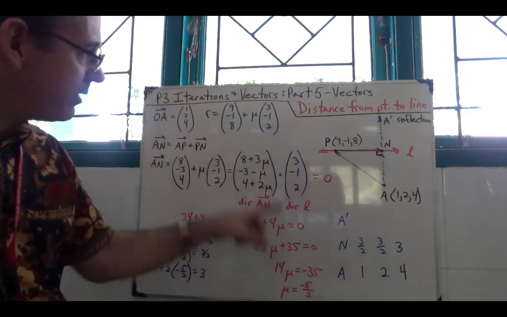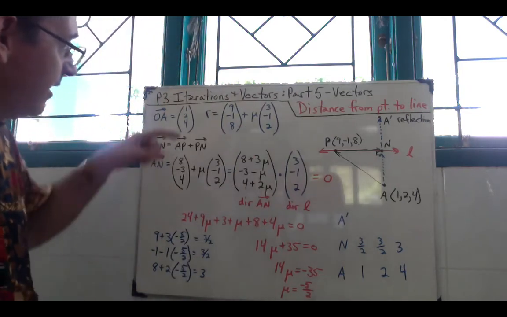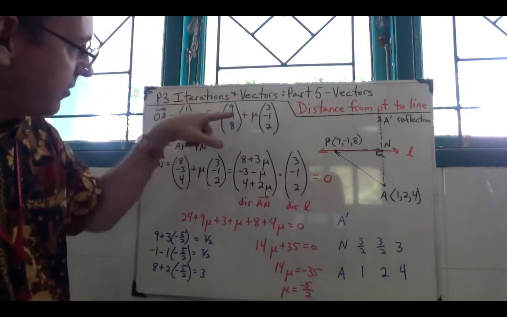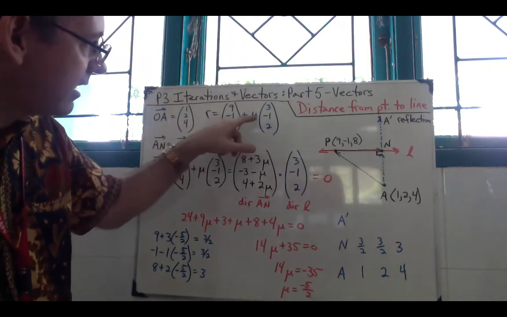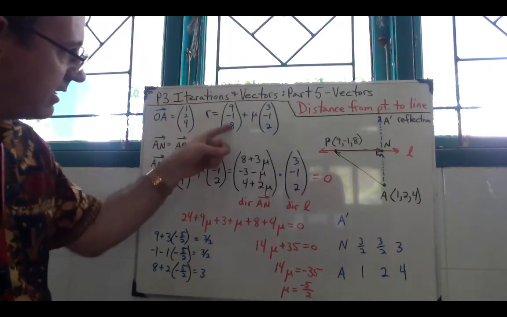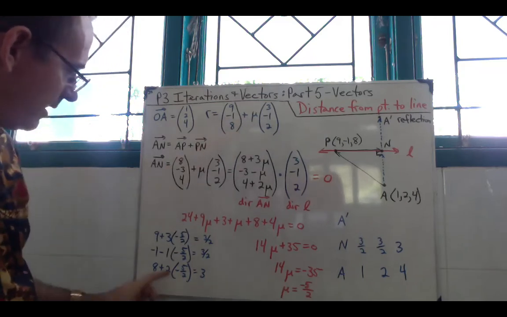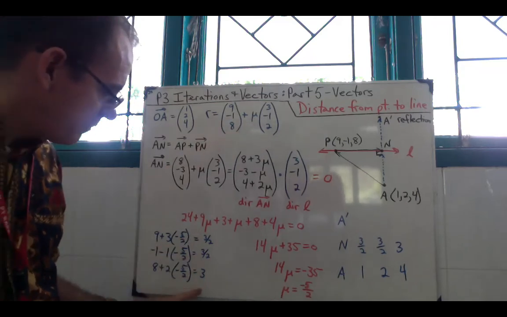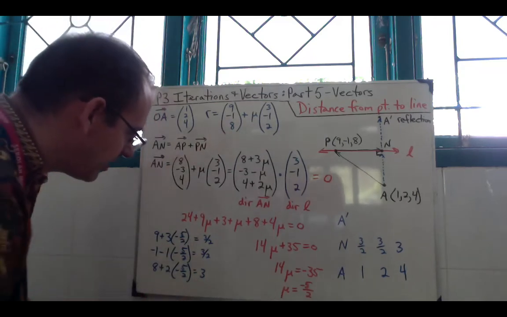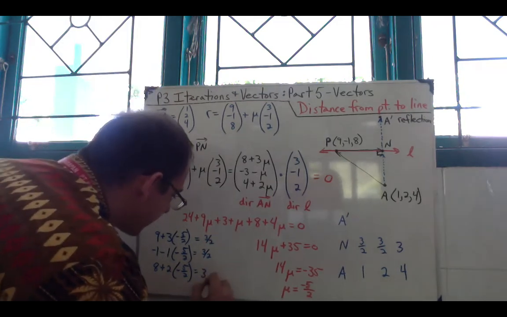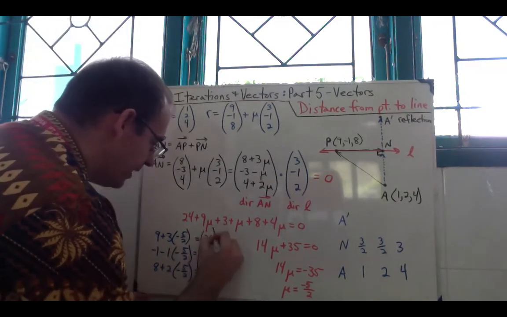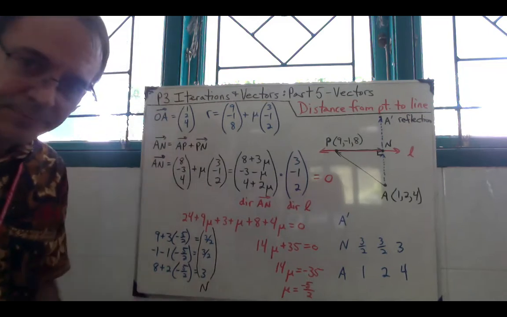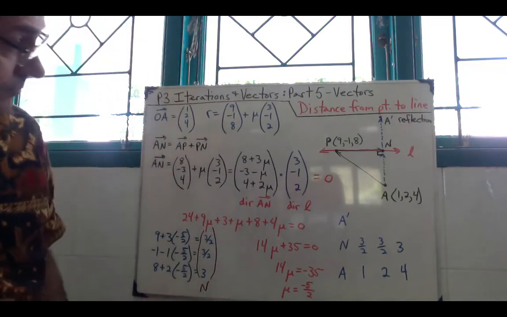So we plug in the -5/2, so we get 9 plus 3 times the -5/2, -1 plus -1 times the -5/2, and 8 plus 2 times the -5/2. So we end up with our N. This is our location of N: 3/2, 3/2, and 3.